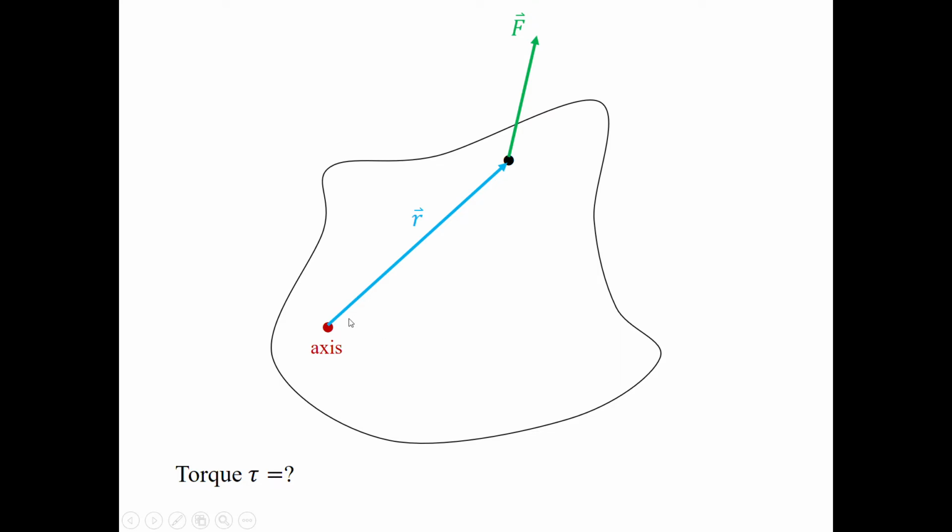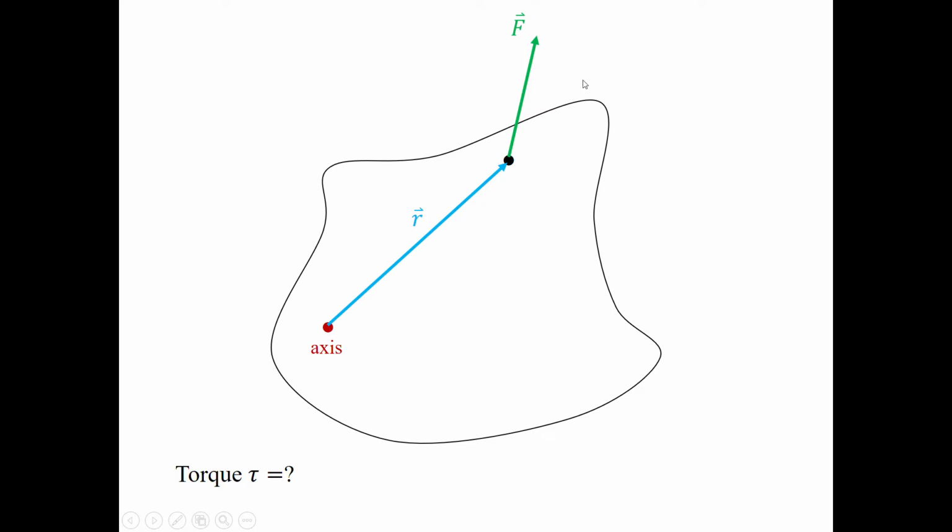Well, we're going to define the displacement vector that separates the axis of rotation from the point at which we're applying the force F. We'll define that to be the vector R. And then what we found out in the previous slide is that our intuition tells us that pushing along this radial direction isn't going to be effective at rotating this thing at all about the axis.